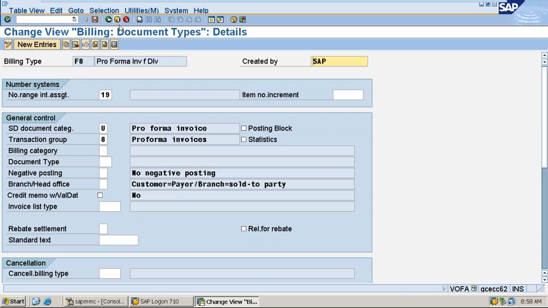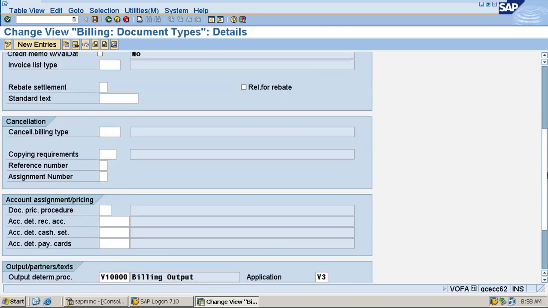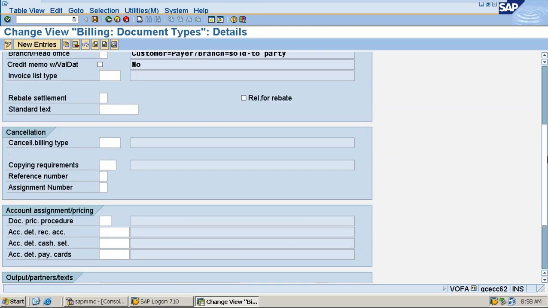Where is it? Document pricing procedure, right?